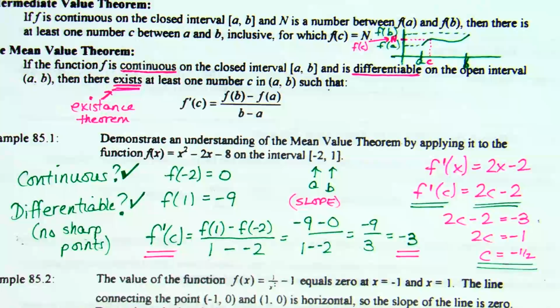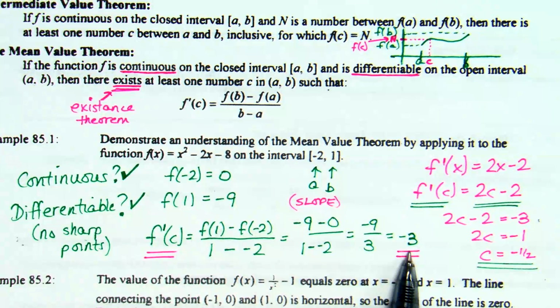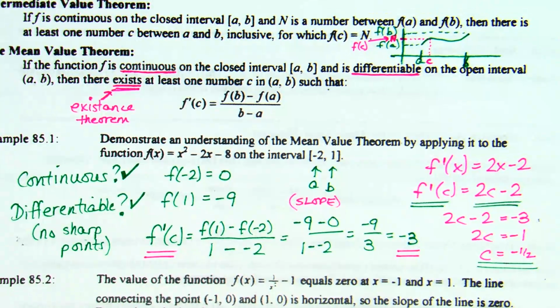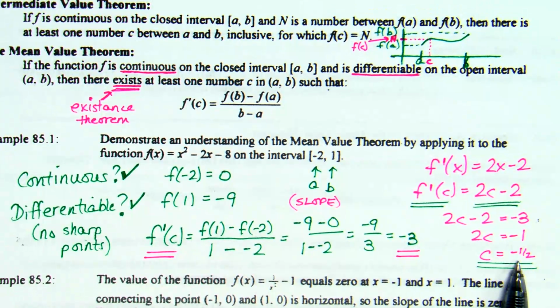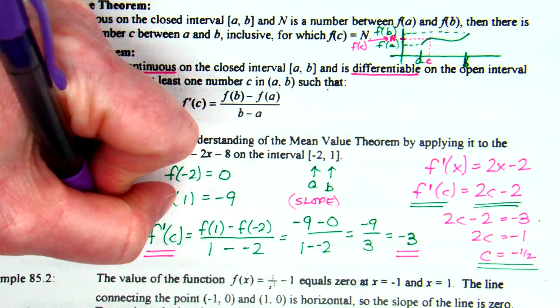All of that to show that at some point on the interval -2 to 1, we had a derivative of -3. At what point did we find that to be? At the point -1/2. So let's see, where am I going to write this? Kind of didn't leave myself the room I needed.